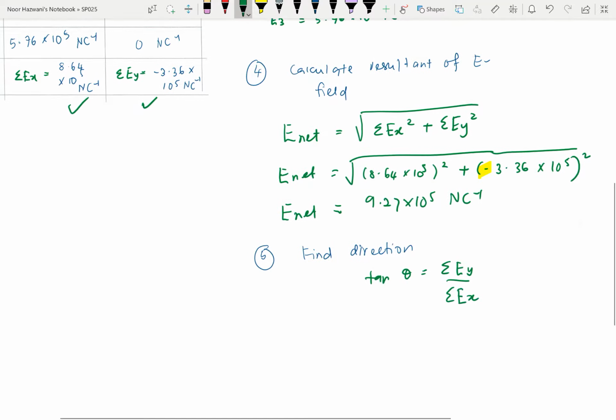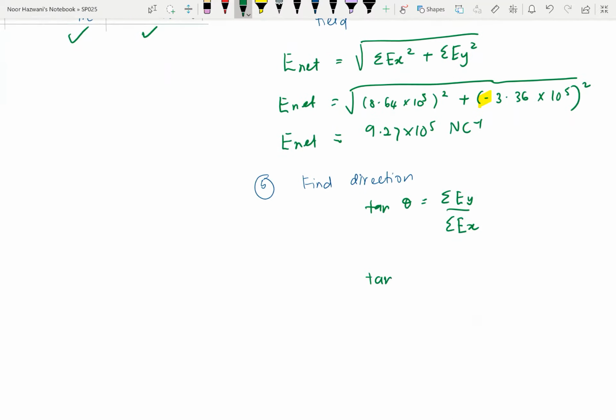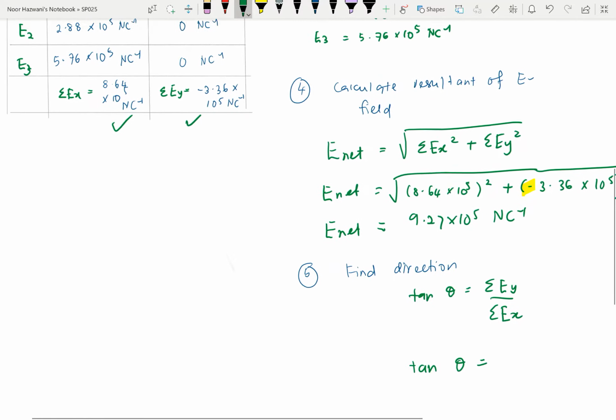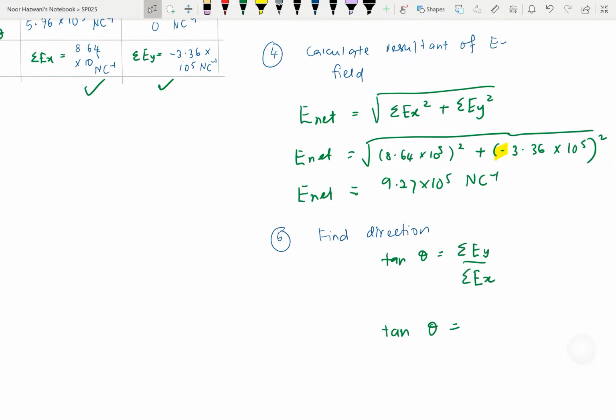Okay? Okay, so masukkan tan theta you. Okay. So, summation EY adalah negatif. So, it's not necessary untuk masukkan pun. Okay, just masukkan magnitude sahaja. Dan bahagi dengan 8.64 times 10 to the power of 5. And then press your calculator and you will get theta is 21.25 degrees.